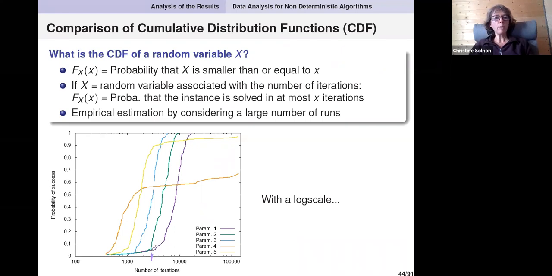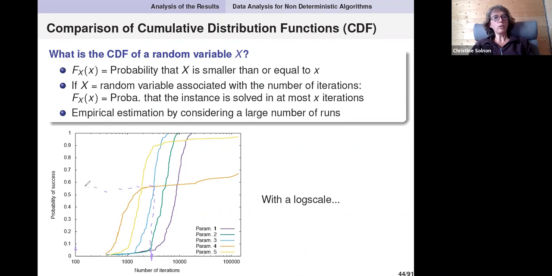So I just compare. Here I can see that for parameter 1, the probability that it has found a solution is smaller than 0.1. For green, it is a bit higher, but not very high. And then for the blue parameter and the orange parameter, this probability is a bit larger than 0.5.